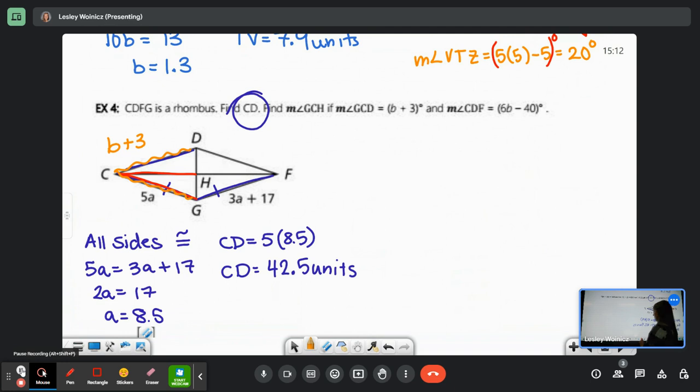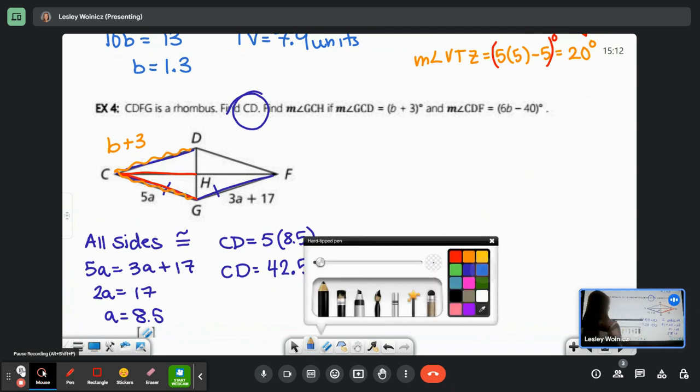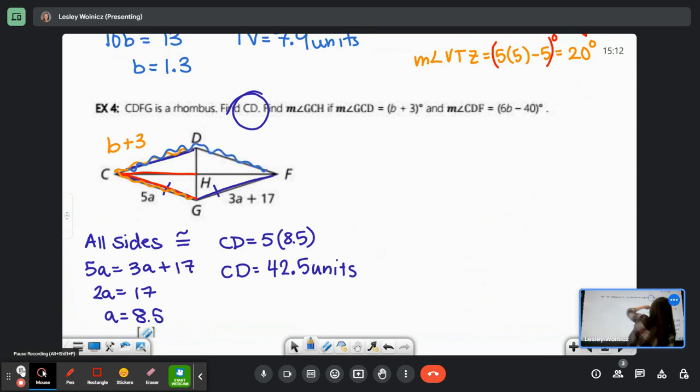What about CDF? Where's that? CDF is this big one. That one is 6B minus 40.